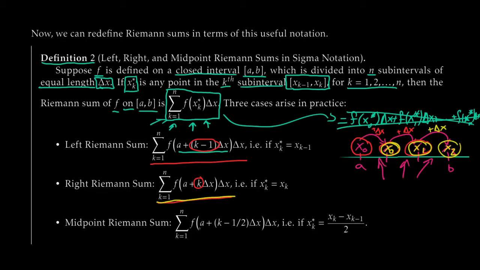The midpoint Riemann sum is slightly more confusing. Instead, we go k minus 1/2 delta x's further. So that would be we go half a delta x, and then we go another delta x past that. So in this little picture, here's halfway, after like half a delta x, right?